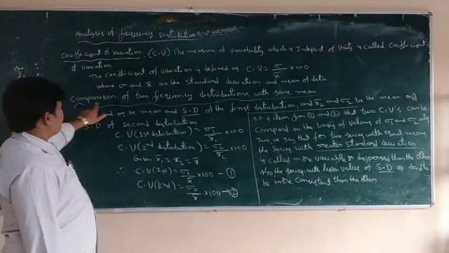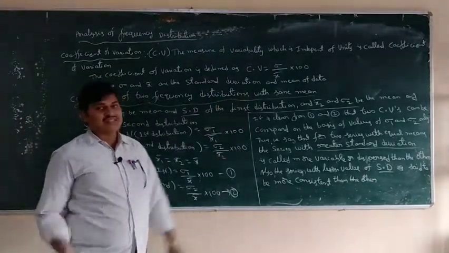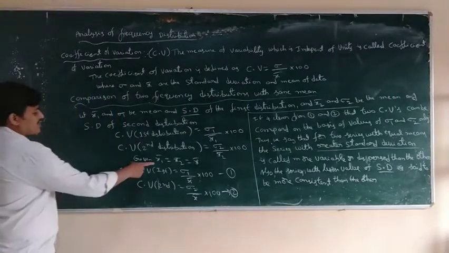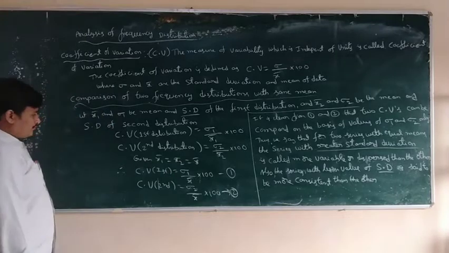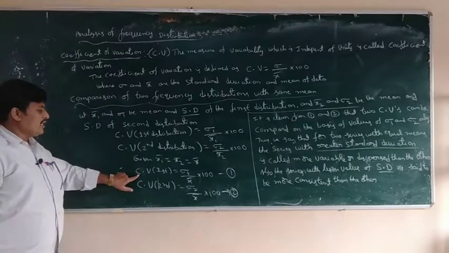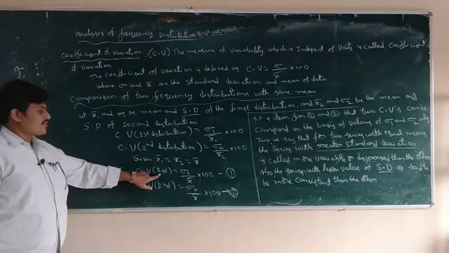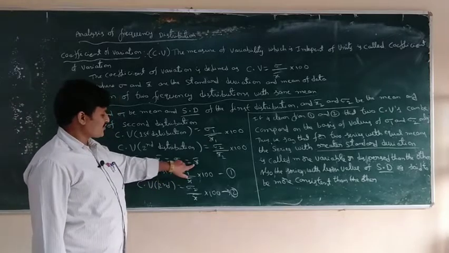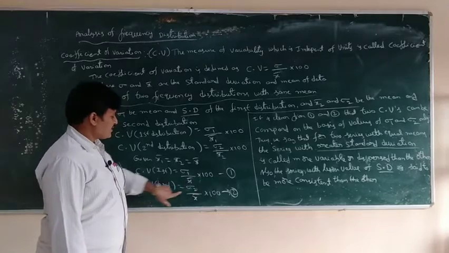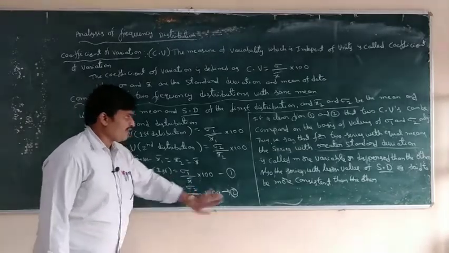Here, what is the comparison of two frequency distributions with the same mean? Same mean means x1 bar and x2 bar are both the same x bar. So after simplification, the coefficient of variation of the first distribution is sigma 1 by x bar into 100, and of the second is sigma 2 by x bar into 100.